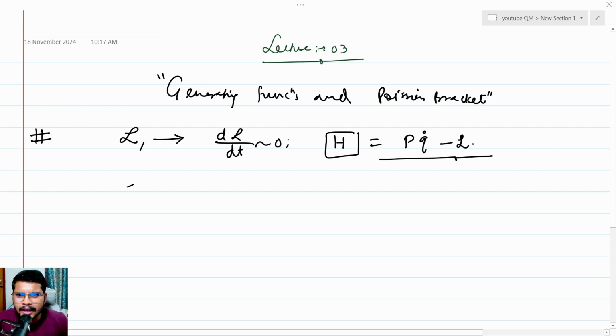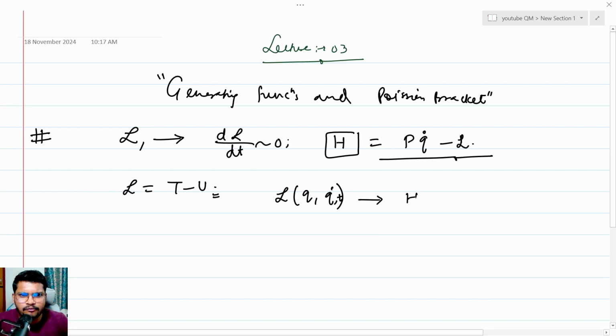And L was defined as kinetic energy minus potential energy, and L depends mainly on Q and Q dot. You can also include time explicitly, but there is no problem, we may or may not.